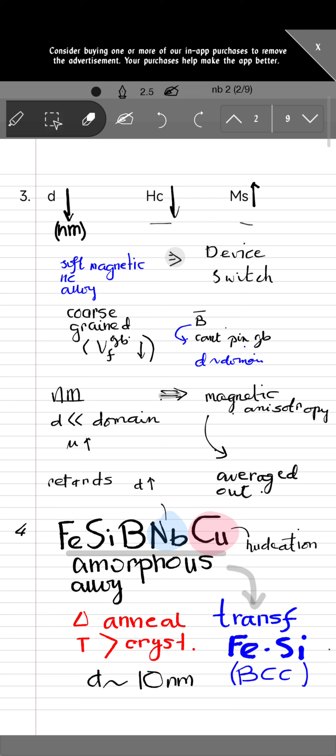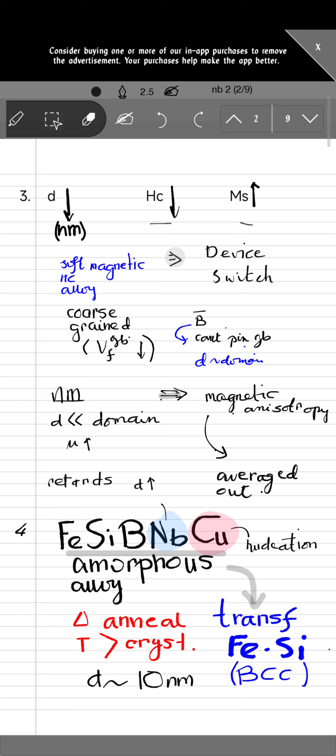In soft magnetic alloys, the reason the material showed little coercivity was that the magnetic field was not able to pin the grain boundary regions because of their increased volume fraction.